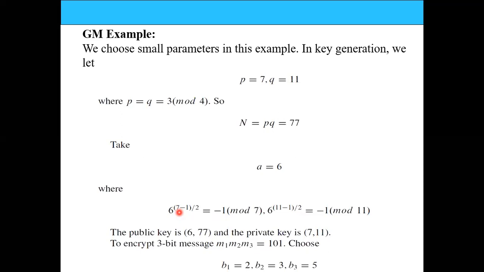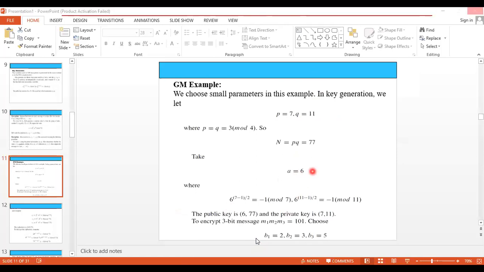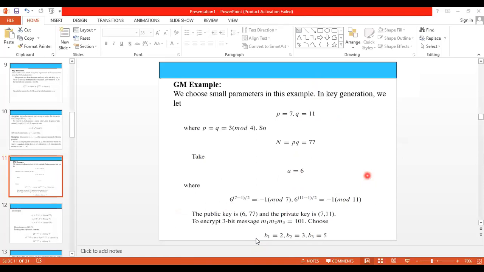Let me elaborate. If we take 36 into 6, then we take its mod 7.